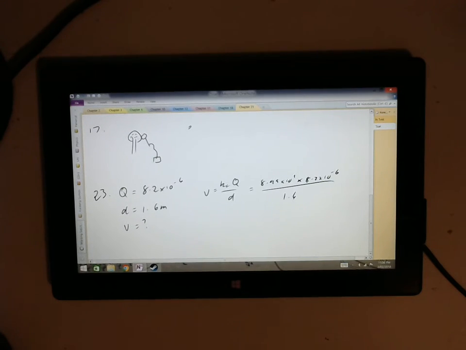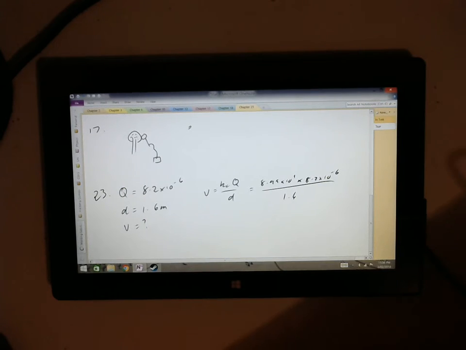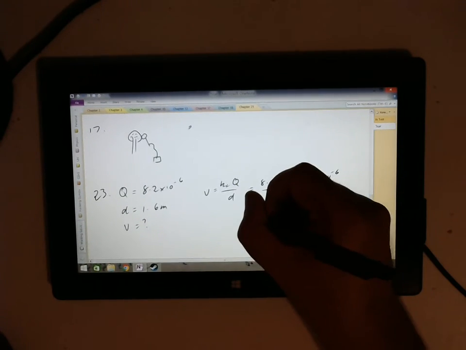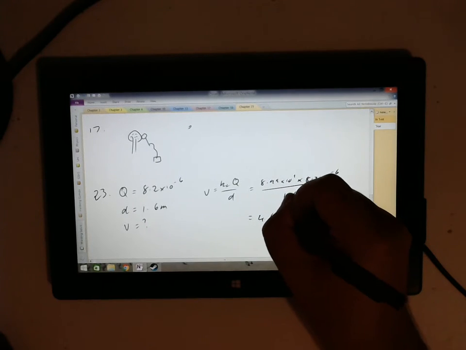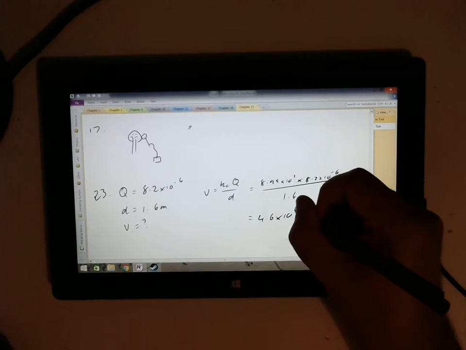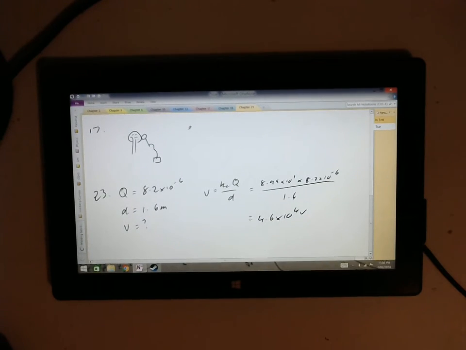And we're going to take all of that and divide it by 1.6, which gives us an answer of 46,073, so about 4.6 times 10 to the 4 volts. Let's see how we went. Our answer for 23 is 4.6 times 10 to the 4 volts.